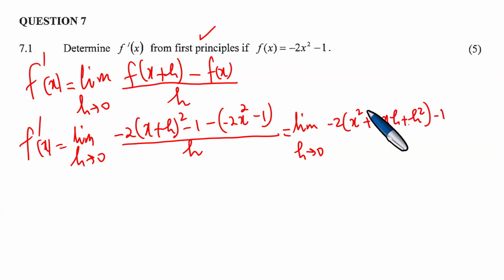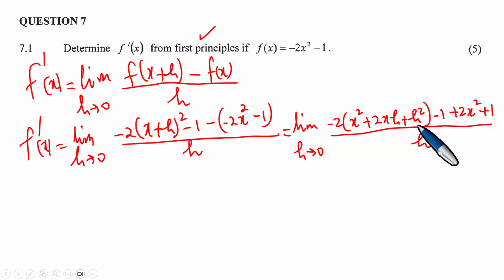So we therefore have plus 2x squared plus 1, all divided by h. That is what we have.